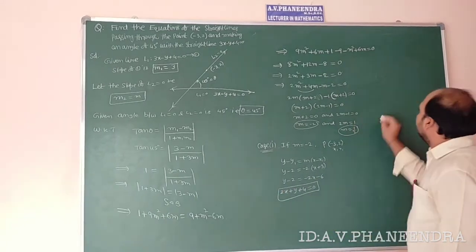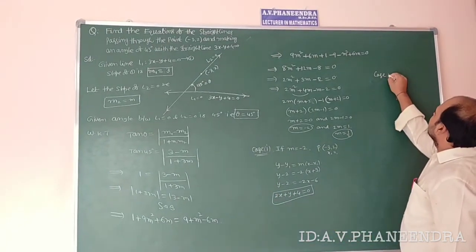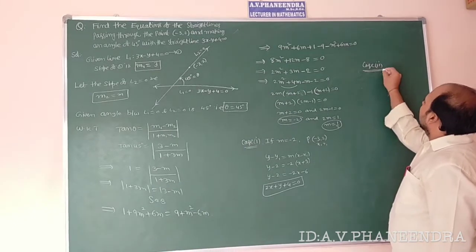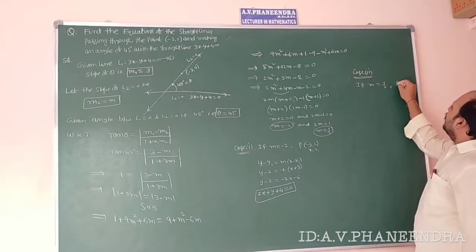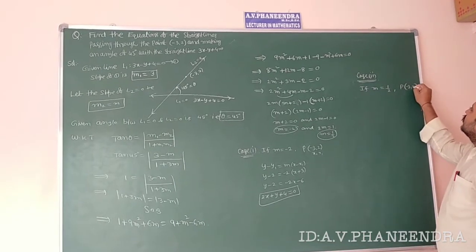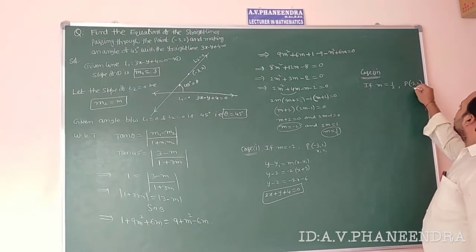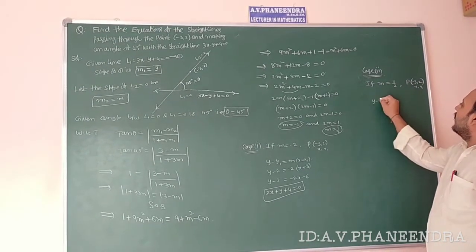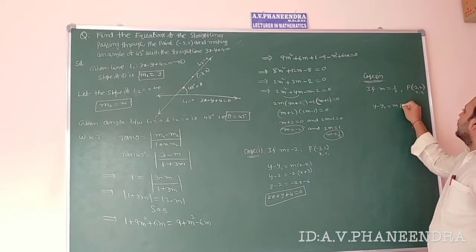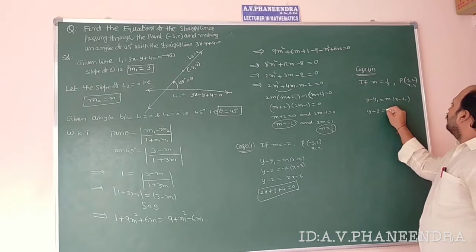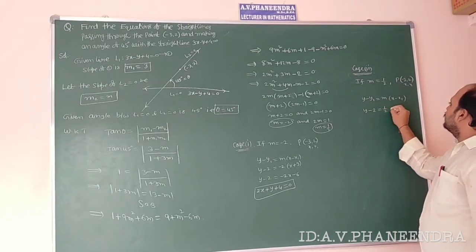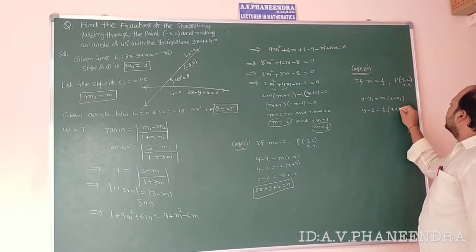Go to the second case, case 2. If m is equal to 1 by 2 and the point is minus 3 comma 2, this is x1, y1. The required line is y minus y1 equal to m into x minus x1. So y minus 2 equal to 1 by 2 into x minus of minus 3.